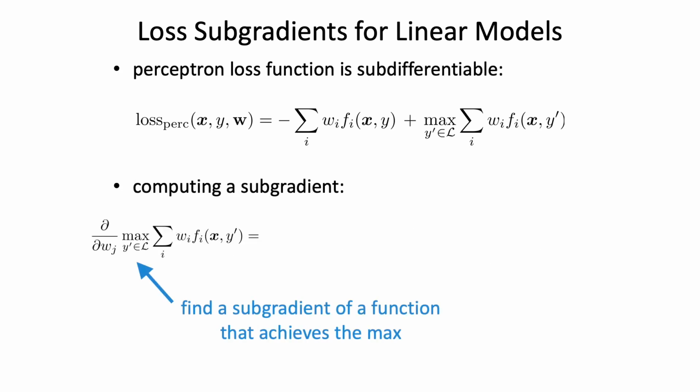To find a subgradient of a max of functions, we find a subgradient of a function that achieves the max. In this case, the function computed for the label y prime with maximum score. We already have notation for that, it's just the output of our classify function. This is now differentiable, and we can use usual differentiation rules to find a subgradient, which gives us fj applied to x and the max scoring label.